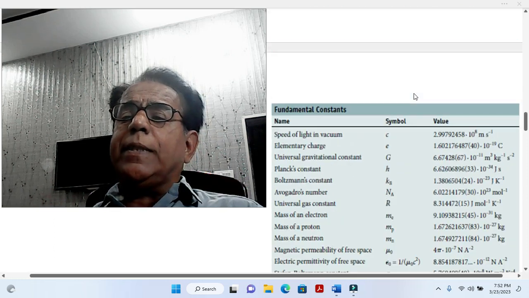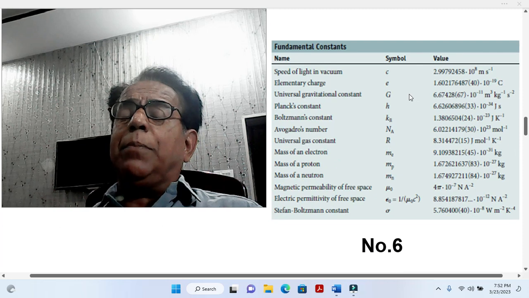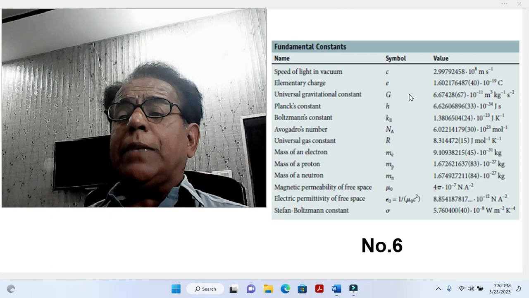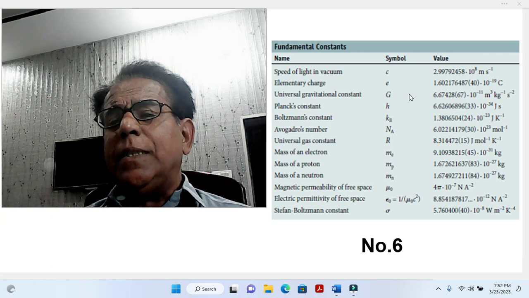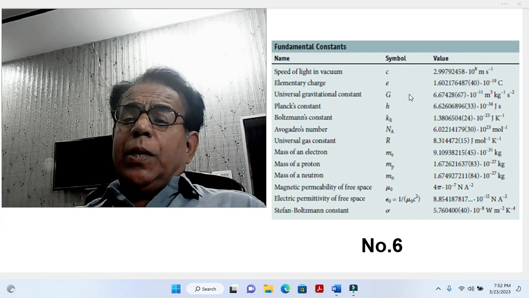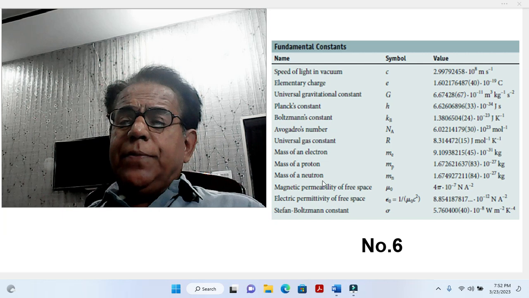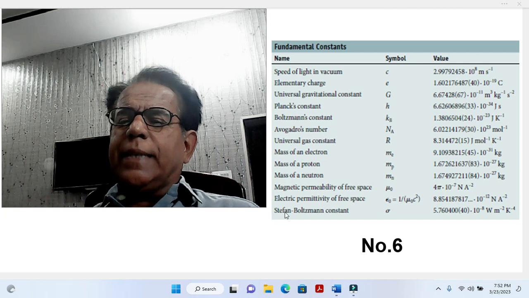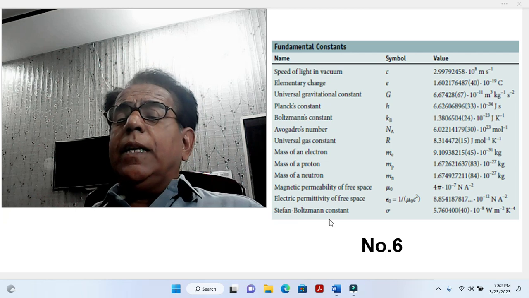Now tool number 5 is just a table in which various values of various physical constants are given. Out of these physical constants, we are concerned with the Stefan Boltzmann constant, in the last row.